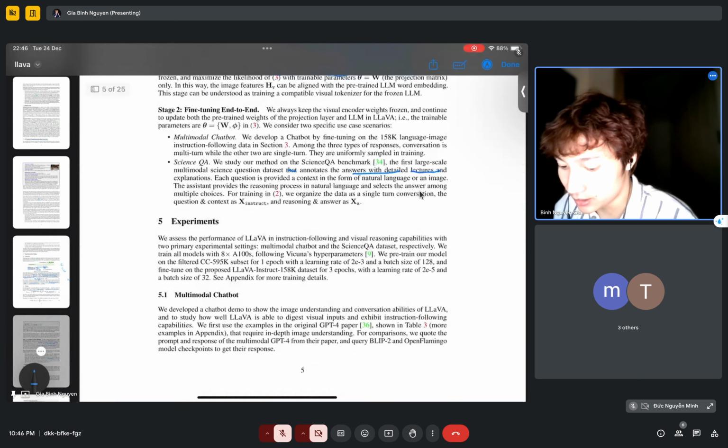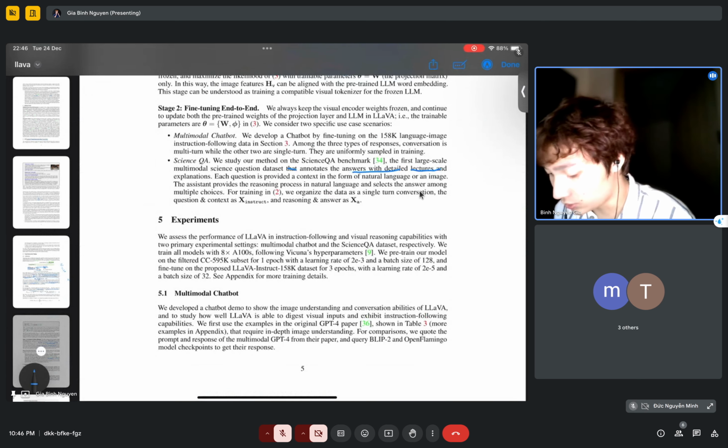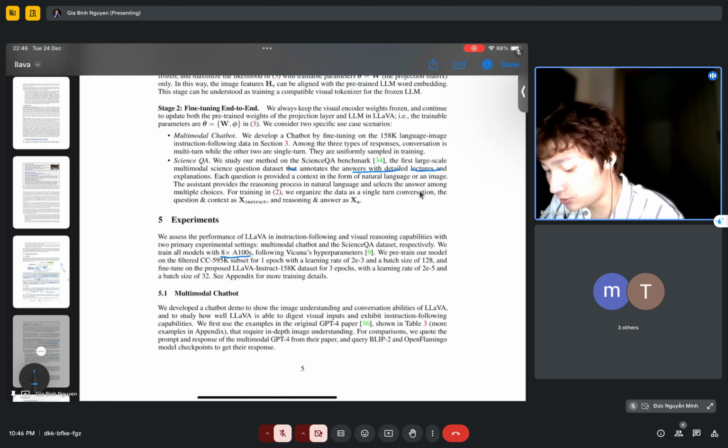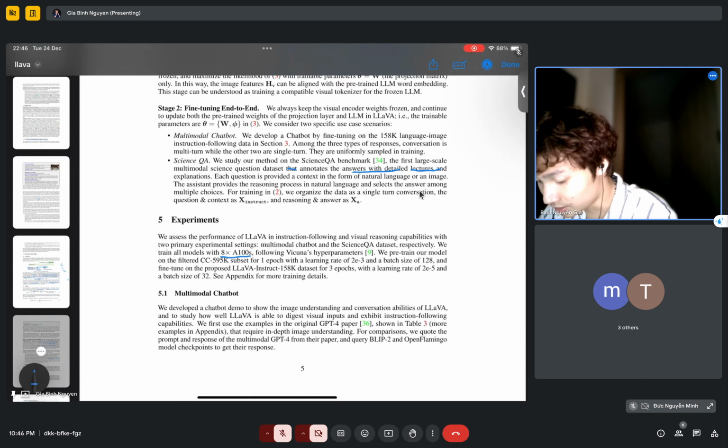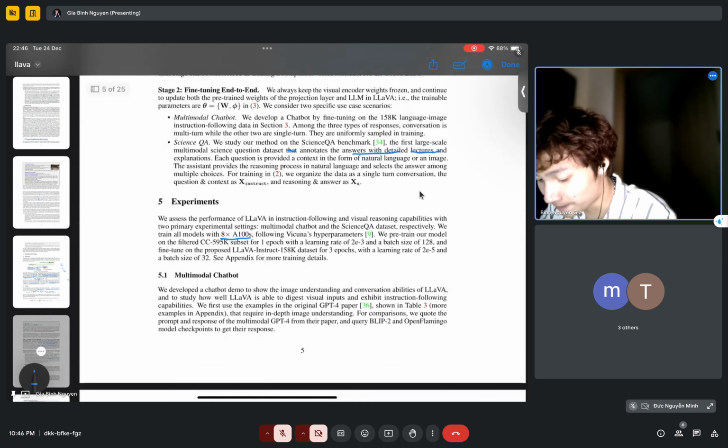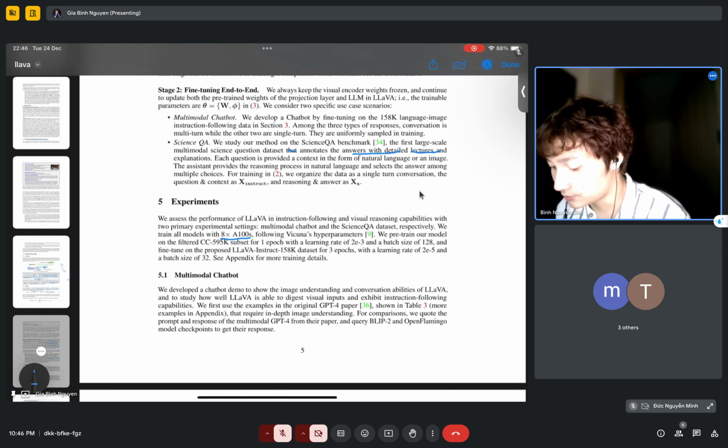Here's the LLaVA model, and it uses 8 A100 GPUs. Here is the original LLaVA, and here are some hyperparameters, like it's trained on 3 epochs.